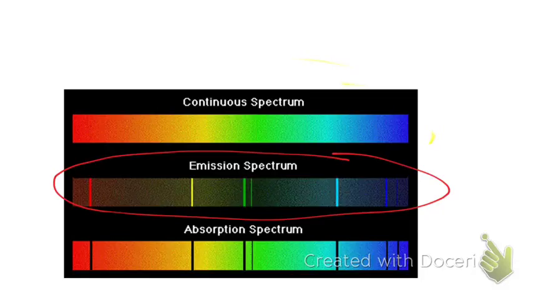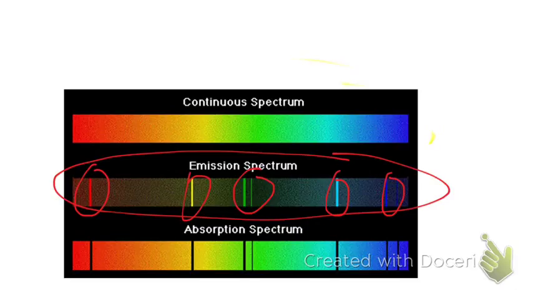So for instance, this emission spectrum tells us that the atom is emitting some red light, some yellow, a couple of green bands, a blue, and a deeper blue band. Those are the only colors this particular atom can emit. So it's a discontinuous spectrum because it doesn't contain all the colors as we see in a continuous spectrum.